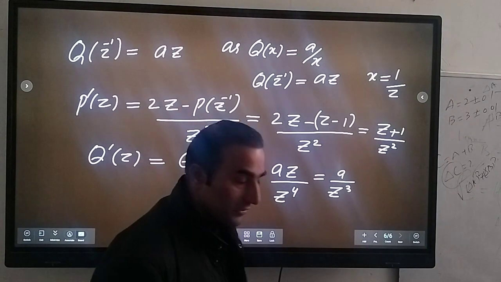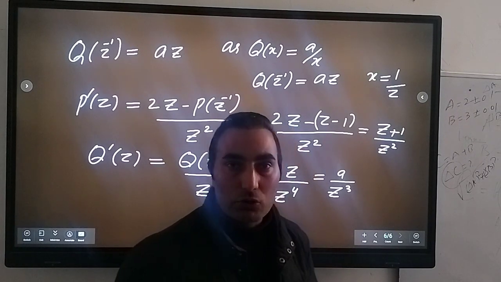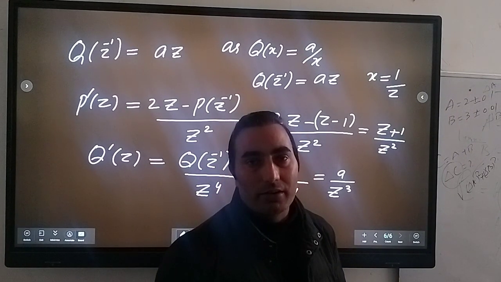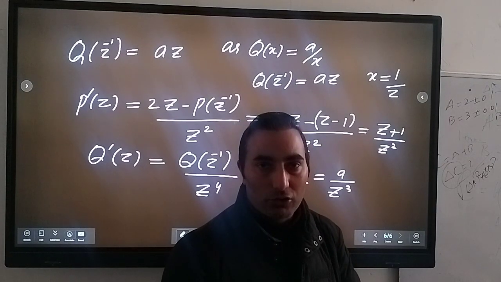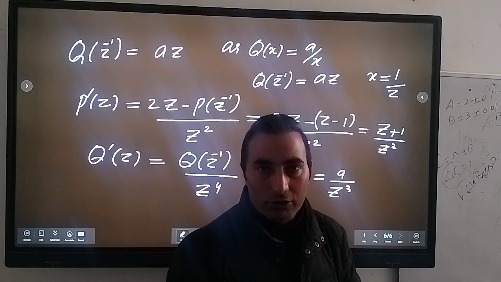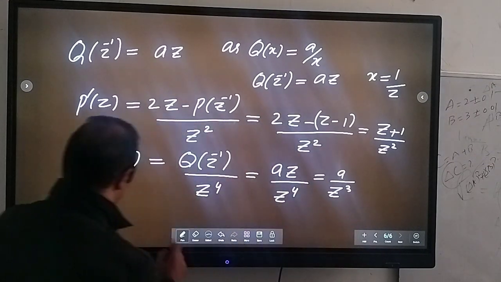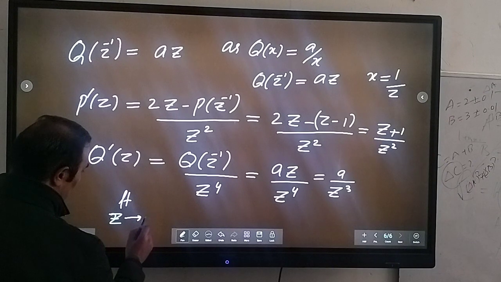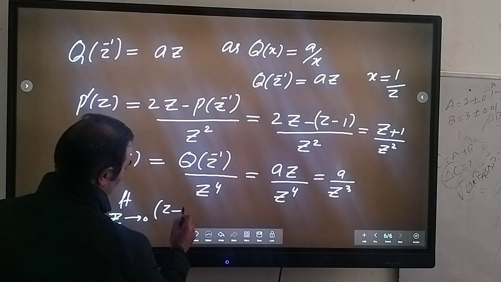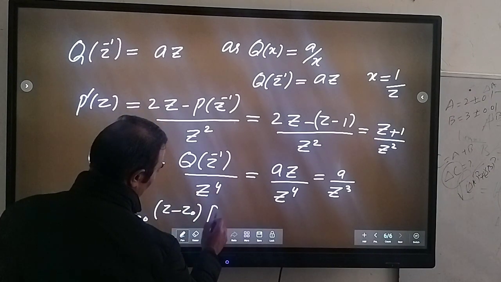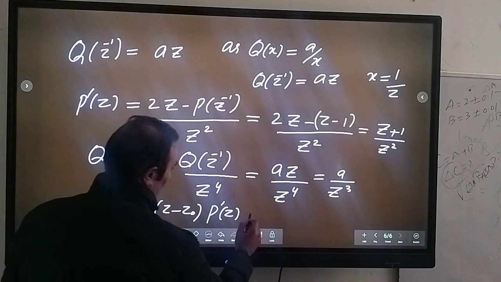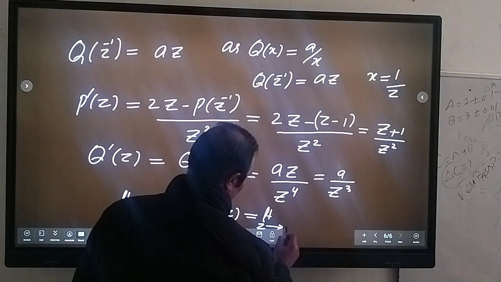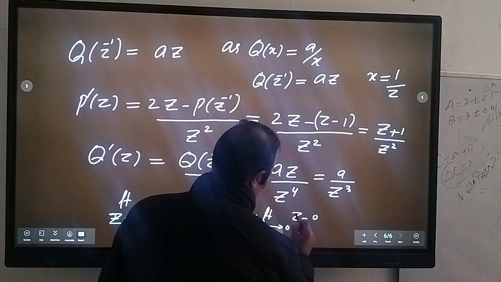So now the limits are, so earlier the limit was limit x tends to x naught, x minus x naught, that P dash of x. Now here it will come Z tends to 0, because we are transforming that x into Z. We are saying that x should be equal to 1 by Z. So that means we need to check those limits. That limit Z tends to 0, Z minus Z naught, P dash of that Z. So that's equal to, so that is Z minus 0.